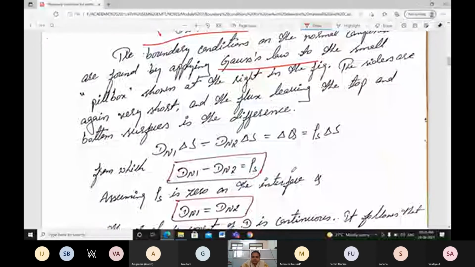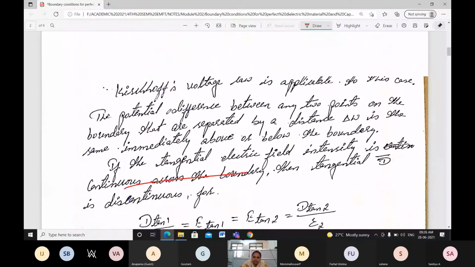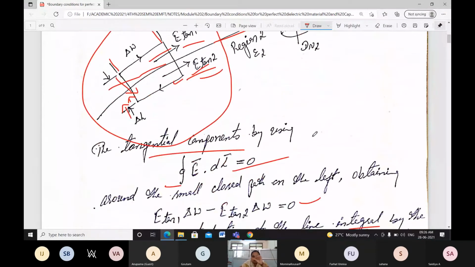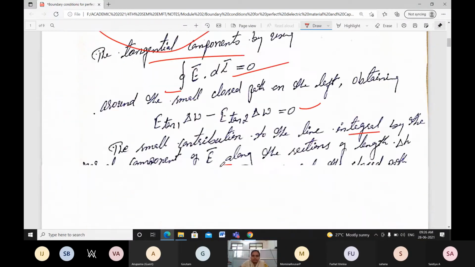Then the sides are again very short. For a small object, it's not the whole; it depends on the cable or material you will be using. A copper wire is very thin, right? It depends on how you construct it.